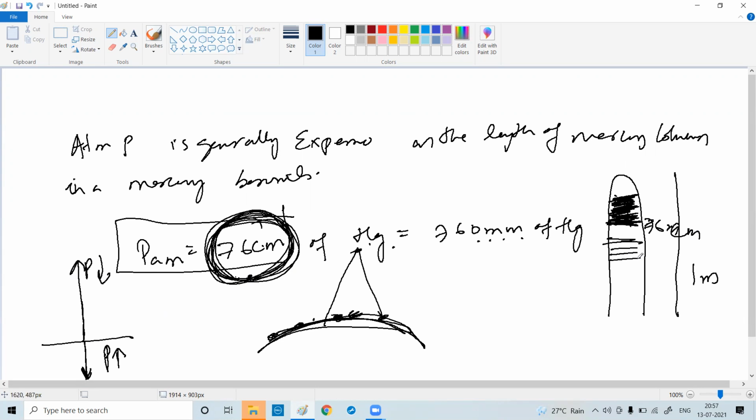But if you go below the water, the value will increase. Did you understand, guys? Yes, sir. Is it clear, all of you? Clear.